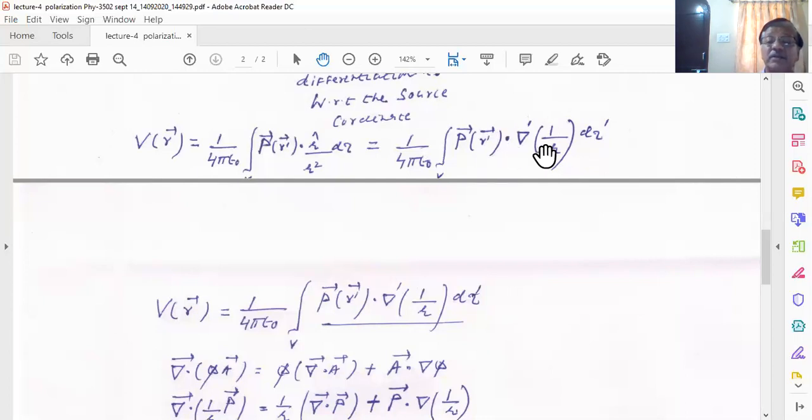Always remember the different vectors r: the source vector, the field vector, and the position vector of your field point are very important.